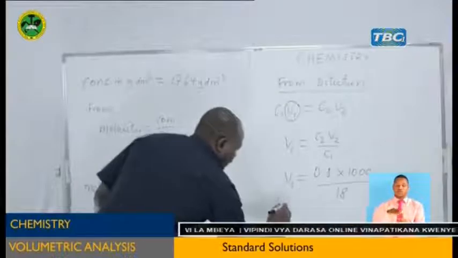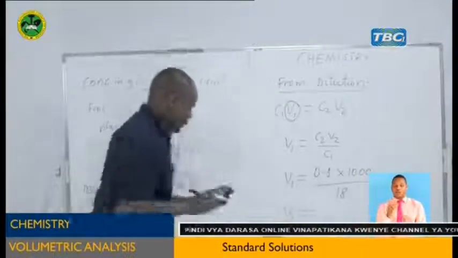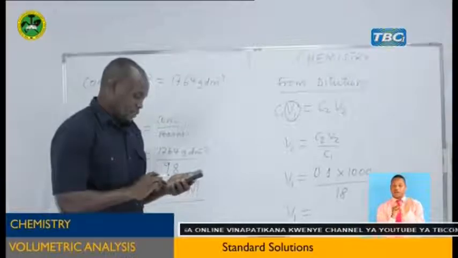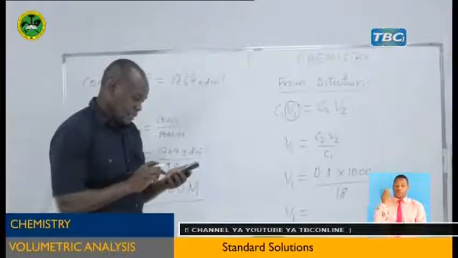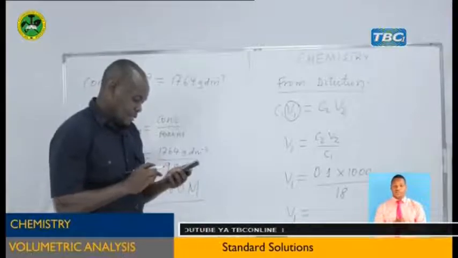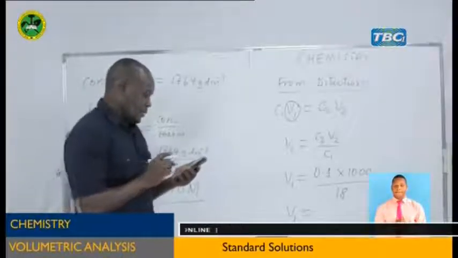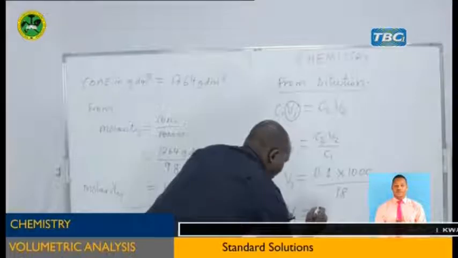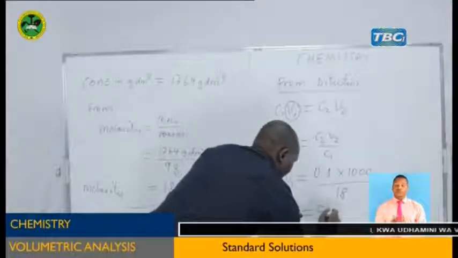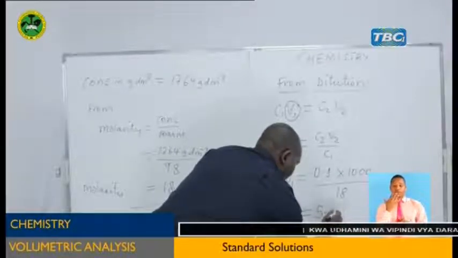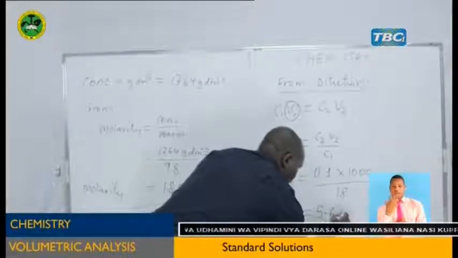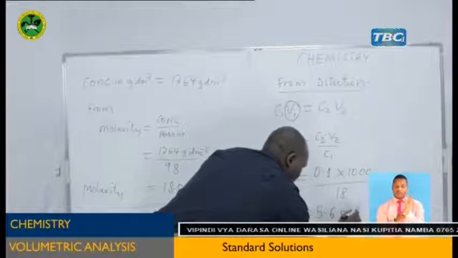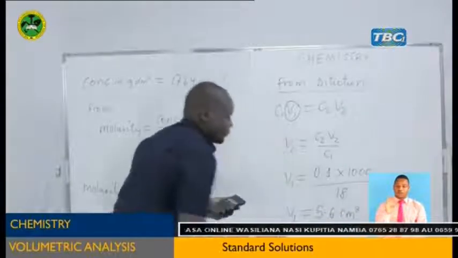So from there, my dear students, you calculate 0.1 times 1,000, then divide by 18. You get 5.5, approximately 5.6 cubic centimeters.